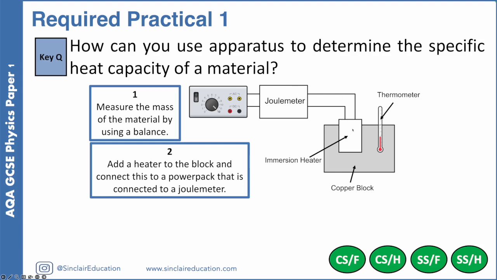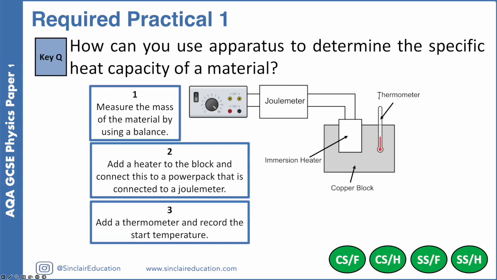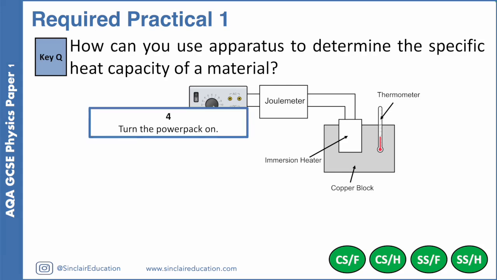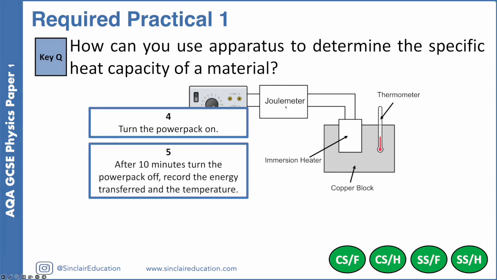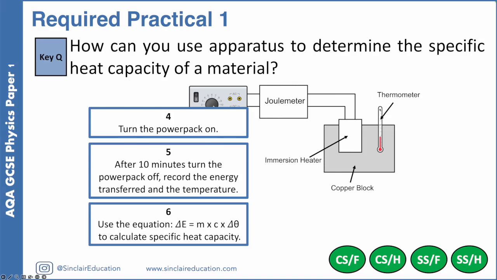We'll also have a thermometer and record the start temperature. We'll turn on the power pack, and after 10 minutes, turn the power pack off. We take a couple of readings: we identify how much energy was transferred, and we also measure our new temperature.